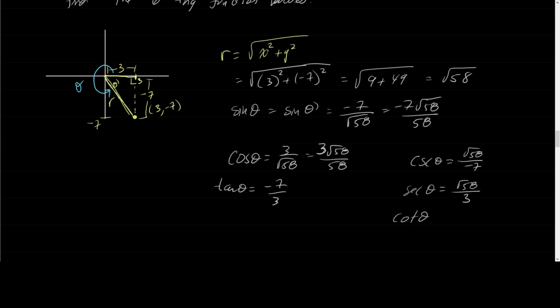And cotangent would be adjacent over opposite, so 3 over negative 7. So essentially reference angles allow us to just put this triangle here and work with SOHCAHTOA as we have been in the past.